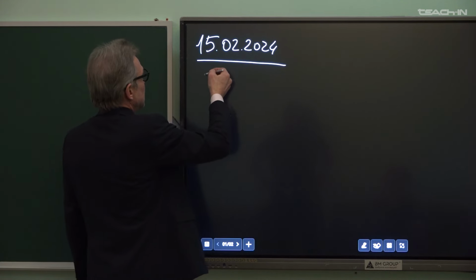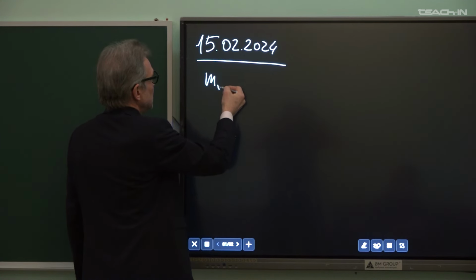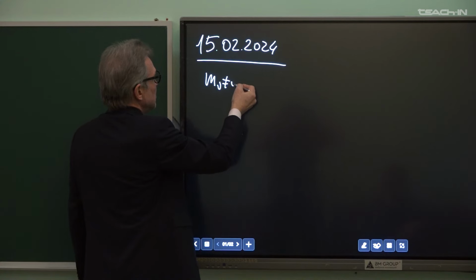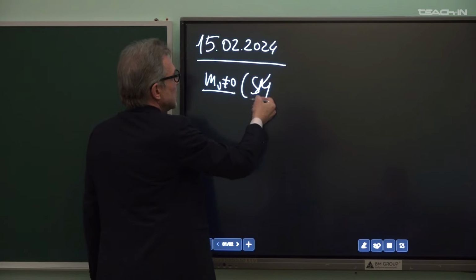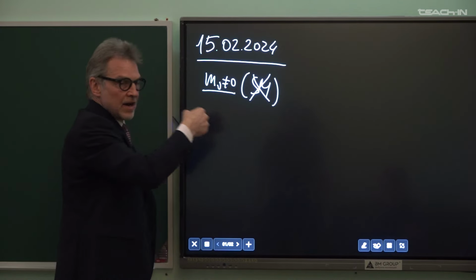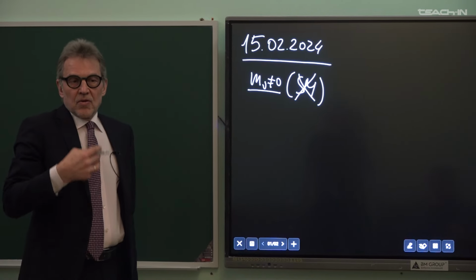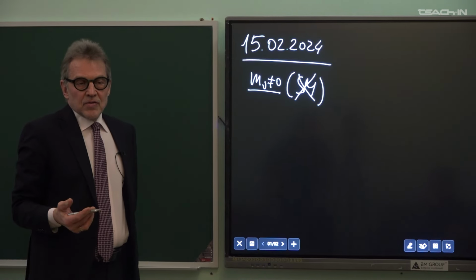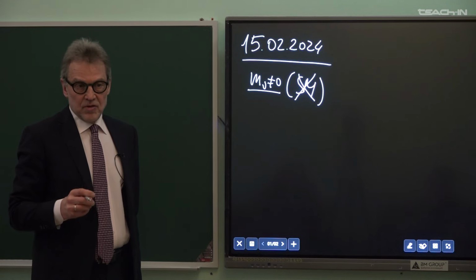If we consider the case that the mass of neutrino is not zero, this is beyond the standard model. There are a lot of different theoretical frameworks that go beyond the standard model, because in the standard model it is fixed that the mass of neutrino is zero.